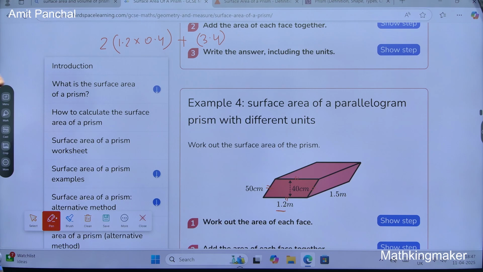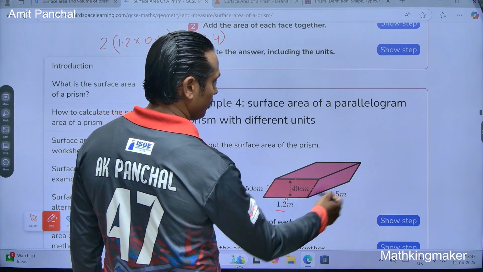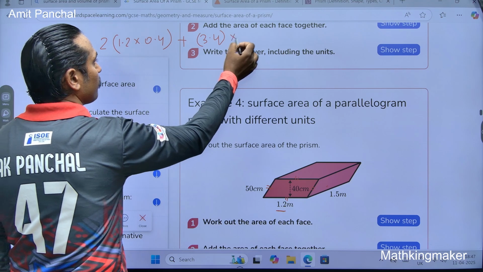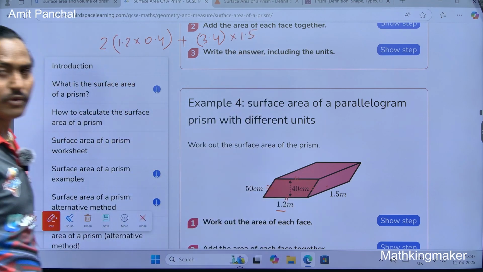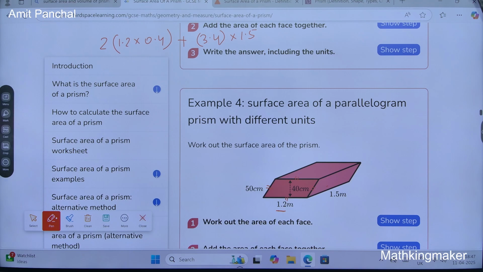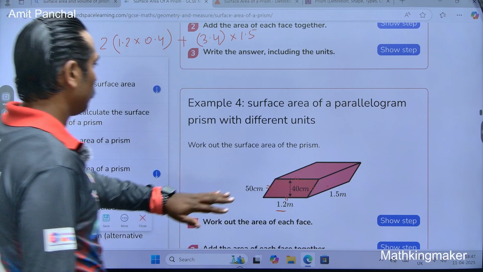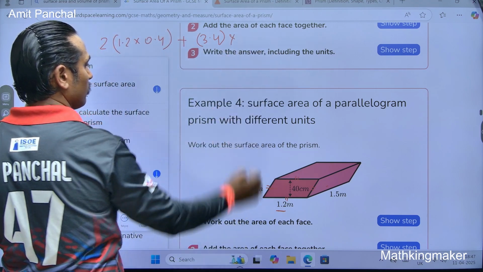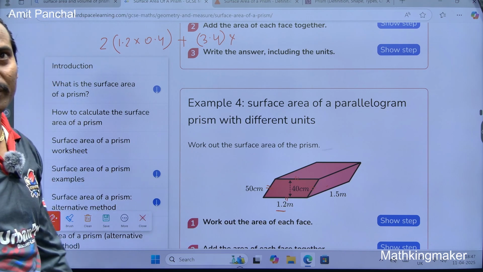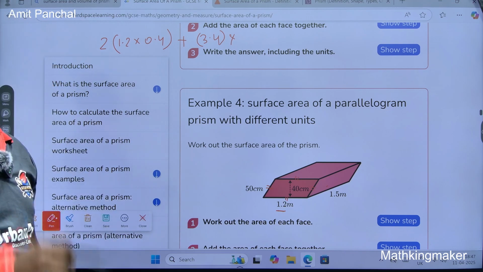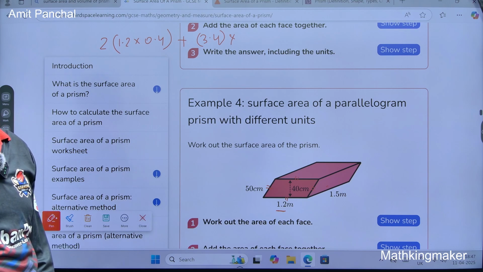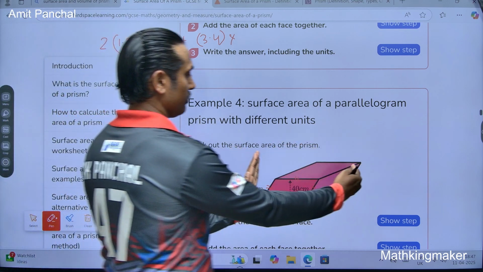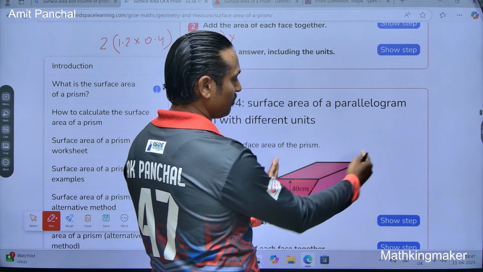Okay, sir. And height is 1.5. Okay. So isn't it 0.4, the height? No. Height of the prism is calculated from base to base.